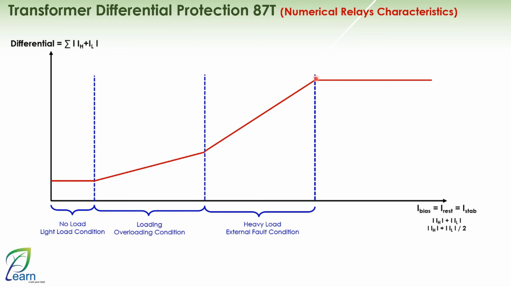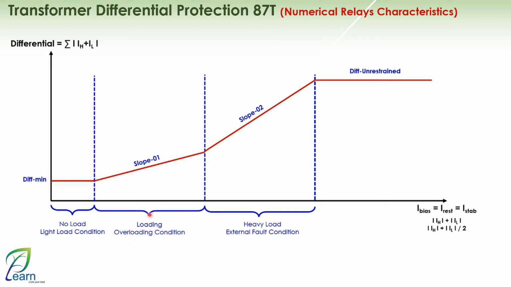Then, when we reach a certain value, we implement something called differential unrestrained. Finally, we have a differential minimum value, which is the lowest differential value in your protection system. This is applied only in the case of no load and light load conditions. Then, in the case of load and overload, the slope increases gradually over time.